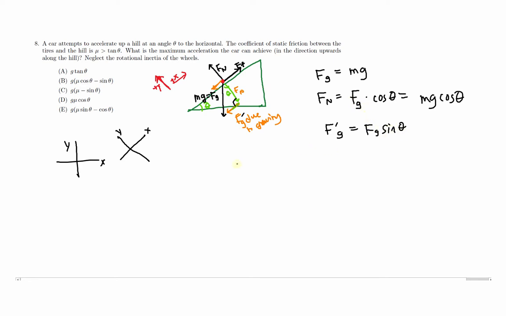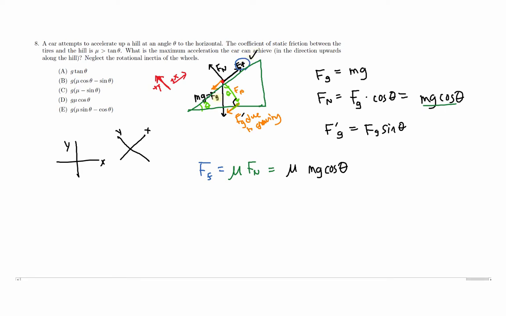Okay, and we have to find the force of friction. And how do we find that? Well, by definition, the force of friction is mu times the normal force, and we already found the normal force to be mg cosine theta. So mu times mg cosine theta is the force of friction, so that's done.